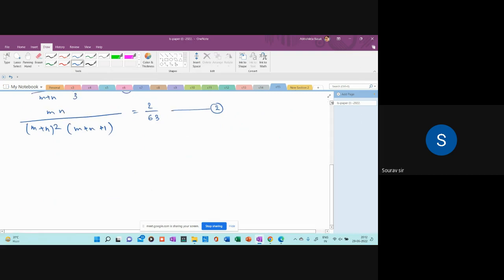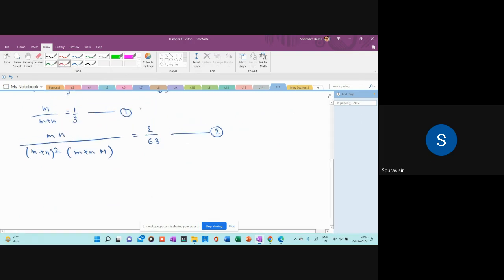Okay, so what I am going to do here is write 3m equals m plus n, and that gives me 2m equals n. Let me take that as equation 3. I am going to apply equation 3 in equation 2, so wherever I see n, I replace it by 2m.